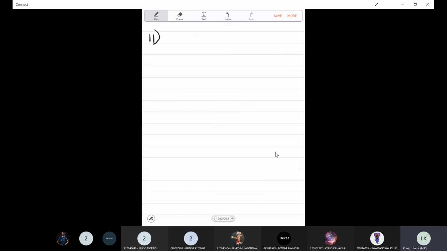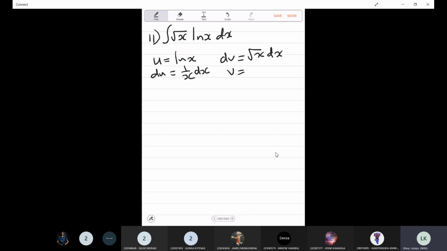Number 11, we have the square root of x, ln of x, dx. So here again, u is equal to ln of x, dv is the square root of x dx. So du is 1 over x dx, and v is 2 over 3 x to the power of 3 over 2.